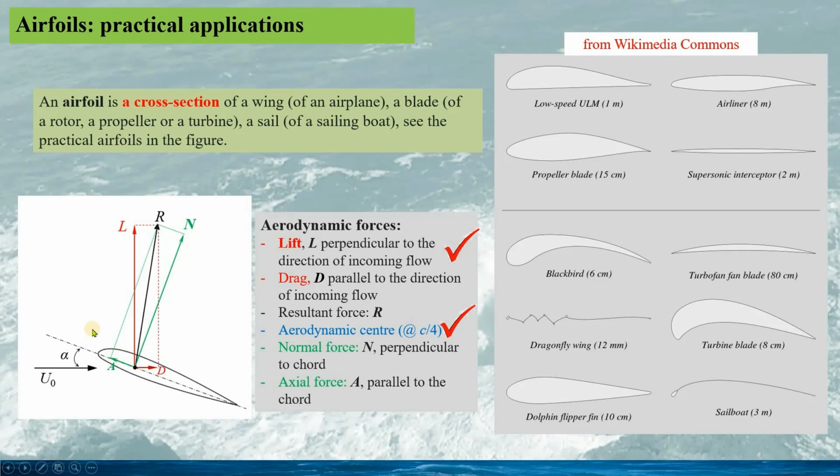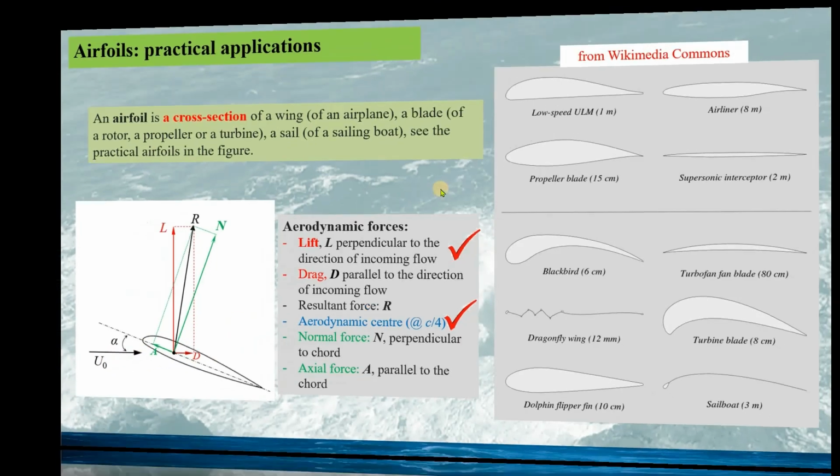And this is the force making the wind turbine rotate to generate power. However, we must say the airfoil will not move forward in the direction of the airflow, because the air drag is always in the same direction of the airflow. See here.